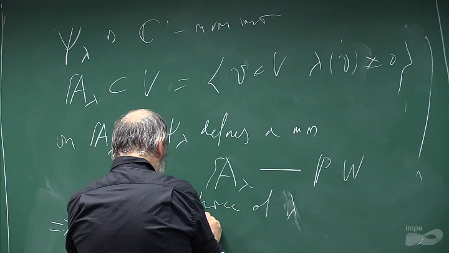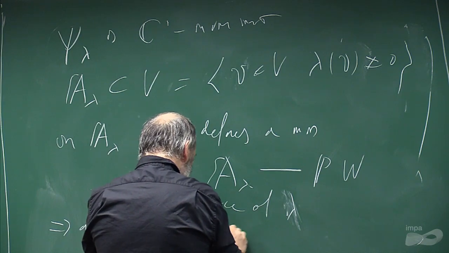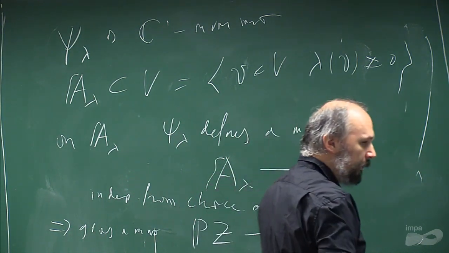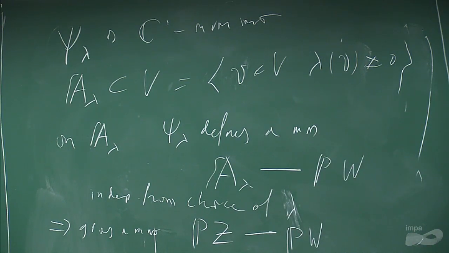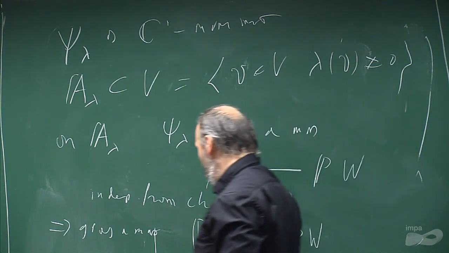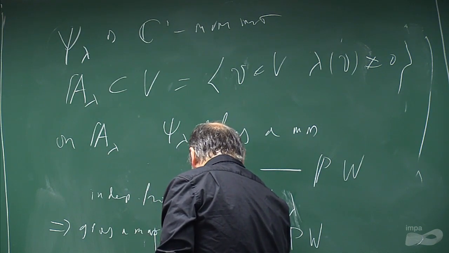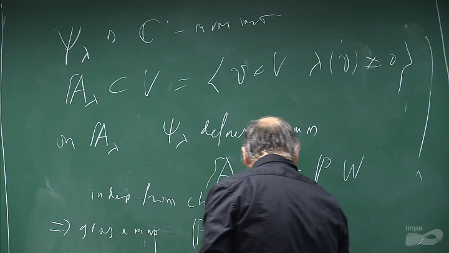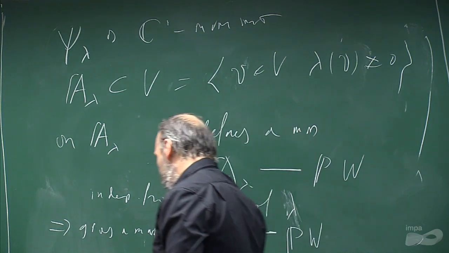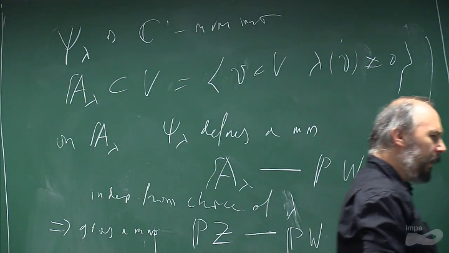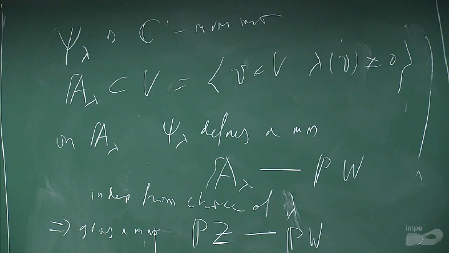It defines a map from Segre to projectivization of W. And the same way, of course, you define a map from Segre to projectivization of V. We just need to prove that this is an isomorphism. So this is step one.